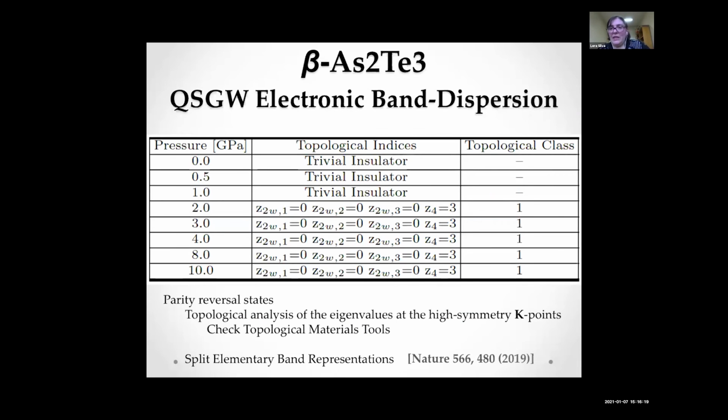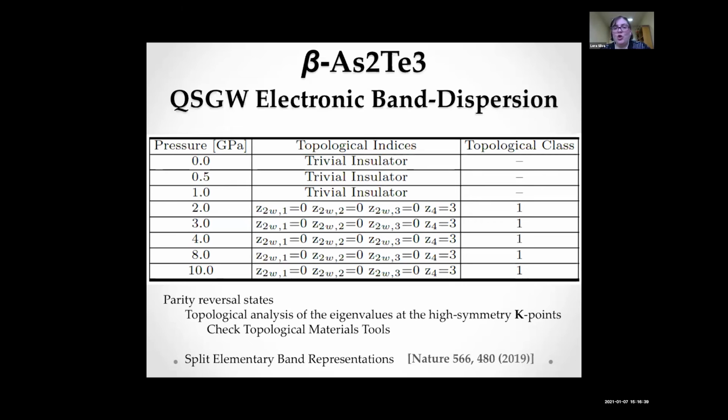Another interesting feature we tried to study was whether we in fact have a topological insulator. So we did a topological analysis of the eigenvalues at different high-symmetry K points in momentum space.